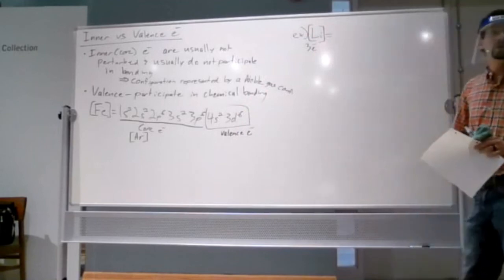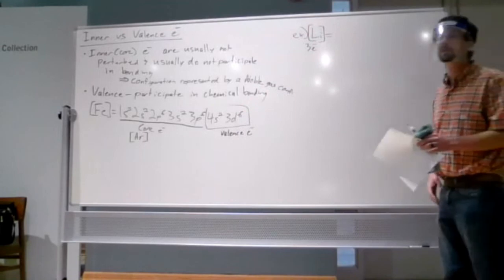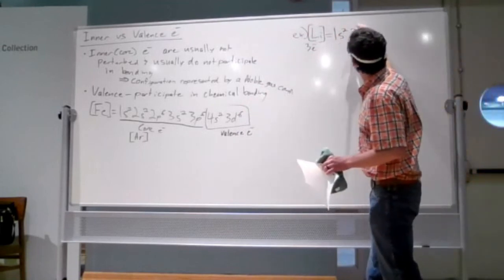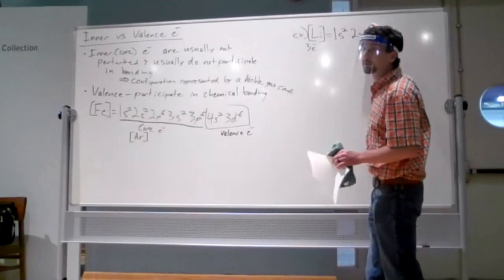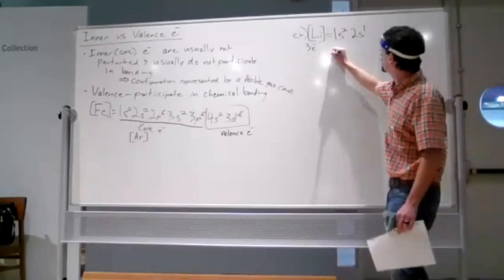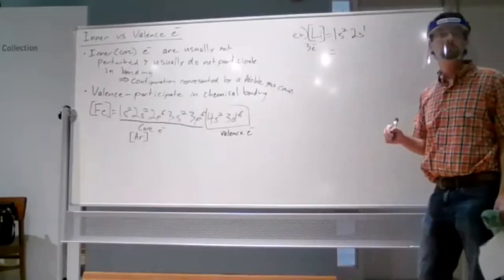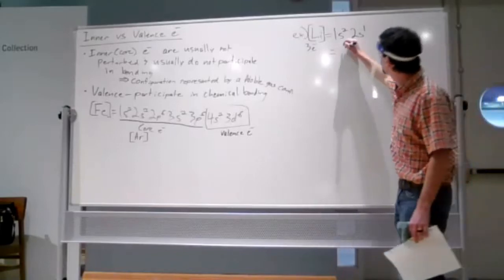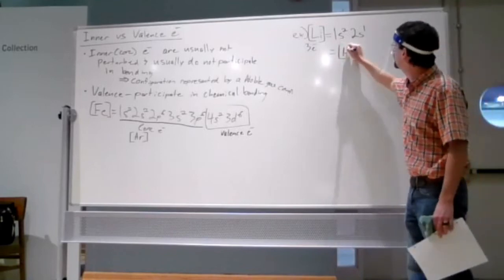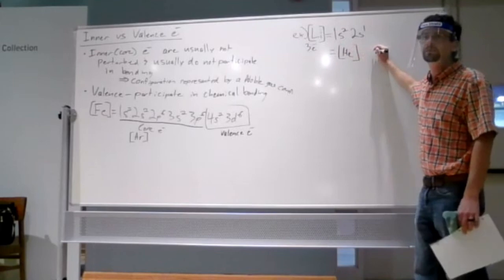So what's the complete configuration for lithium? 1s2 2s1, yep. Okay, tell me the condensed configuration for lithium. What's the nearest noble gas? Okay, we got helium followed by what?